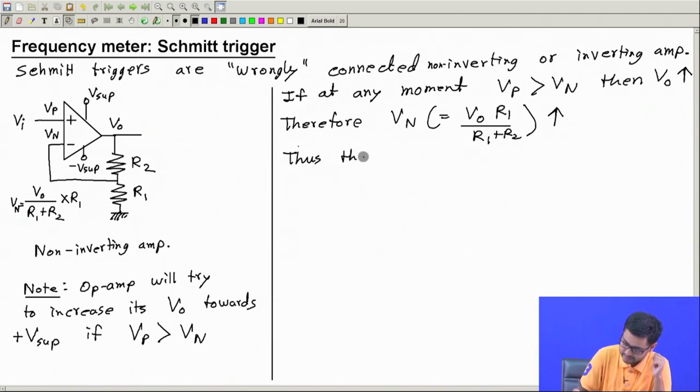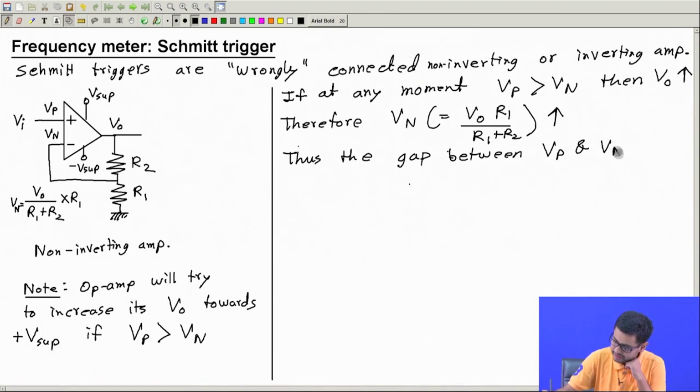And thus the gap between Vp and Vn reduces. Okay, so gap between Vp and Vn reduces, and it will happen that op amp will increase its output VO to such an extent so that the gap between Vp and Vn is almost 0.